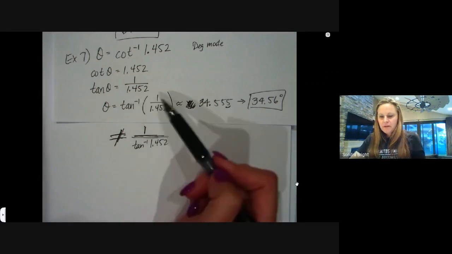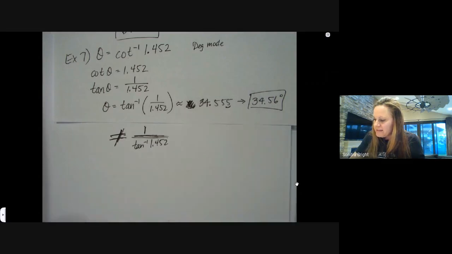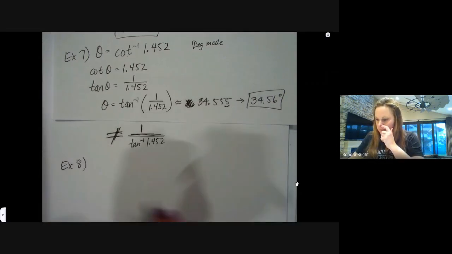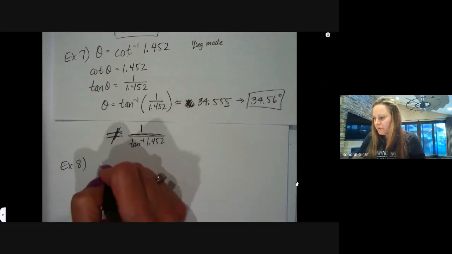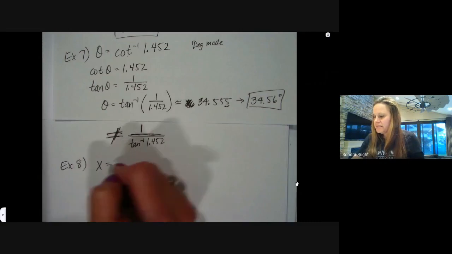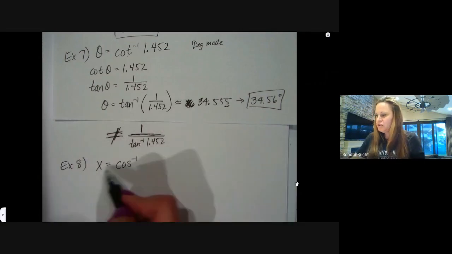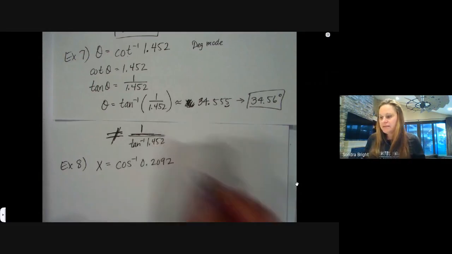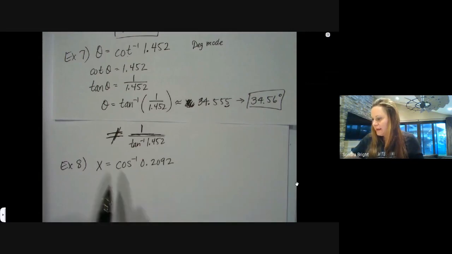Okay. All right. A couple more examples and then we'll be done. Example 8. Find the angle whose x is equal to inverse cosine of 0.2092. So now, again, this author says x means radians, theta means degrees, so this means it's radian mode.